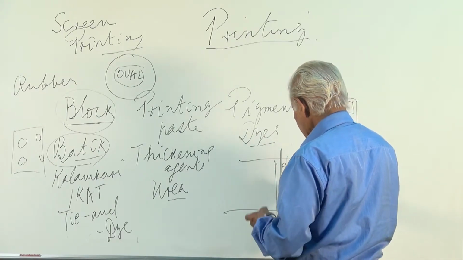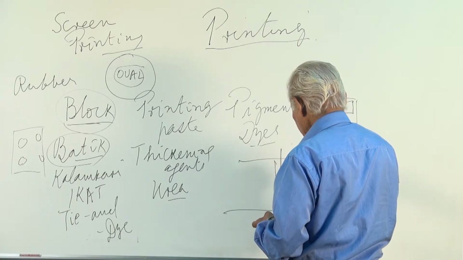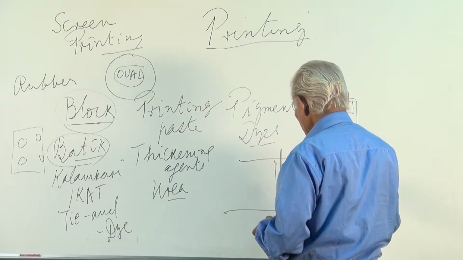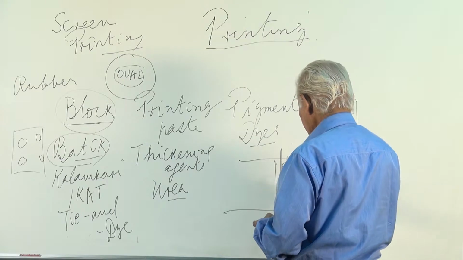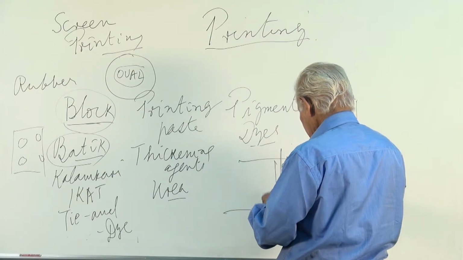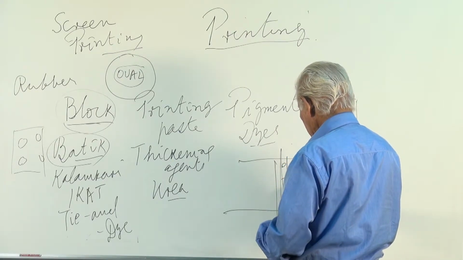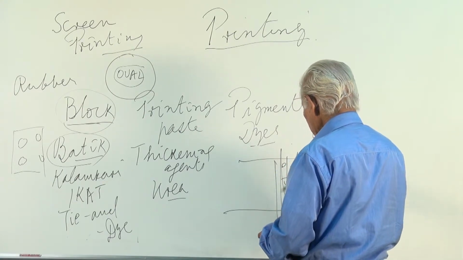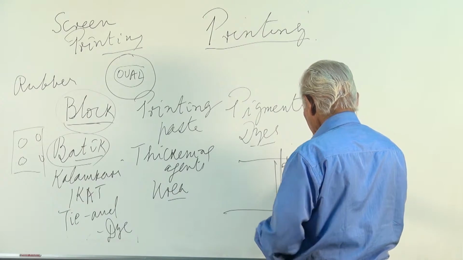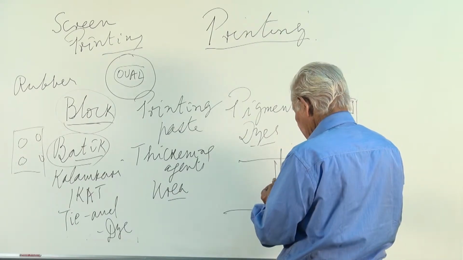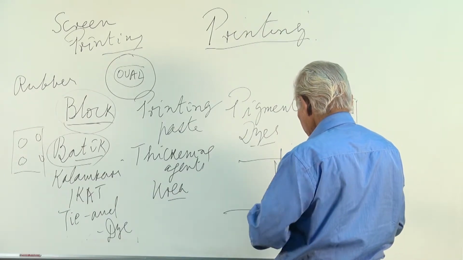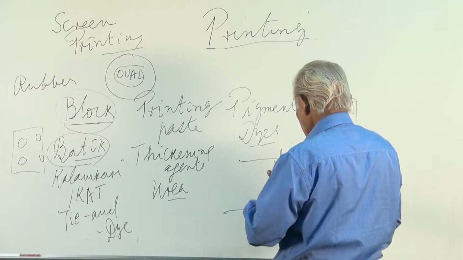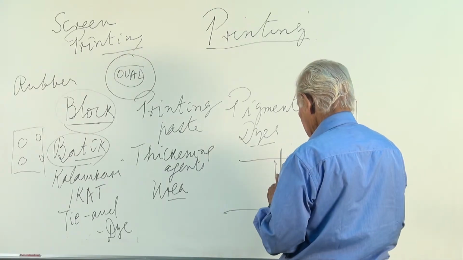There are holes in the screen which will allow the dye paste to traverse to the fabric, but places where the dye cannot be allowed to go are also there. So the design is imparted onto the fabric, and after that this fabric is taken up for developing the colors on that. There are two ways.